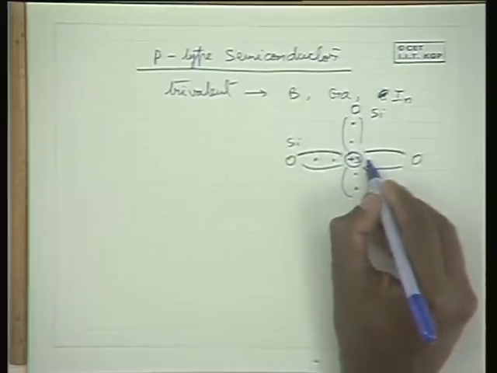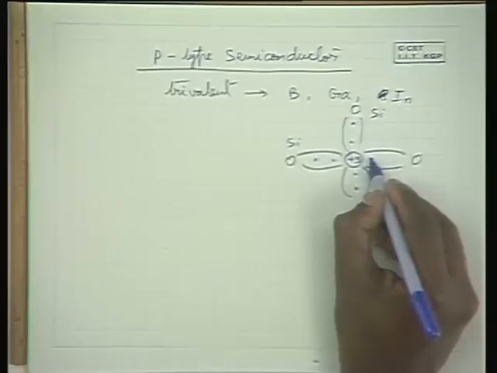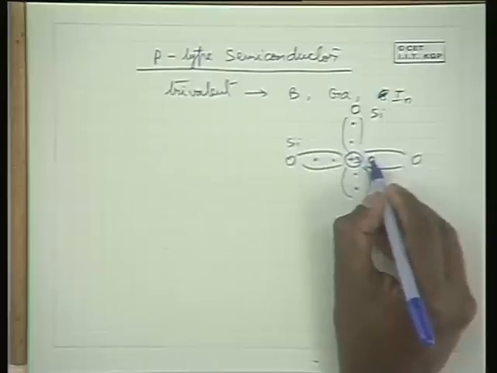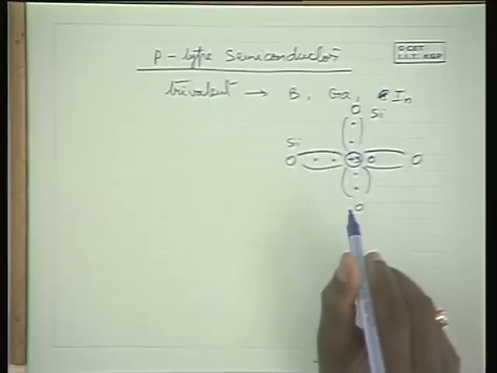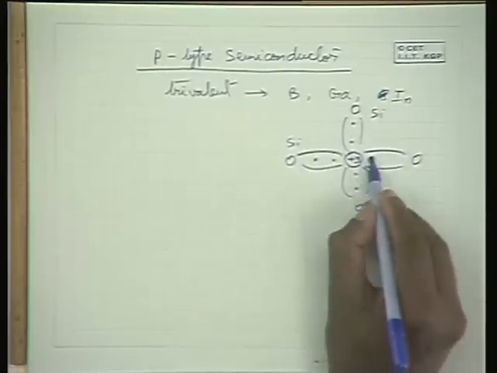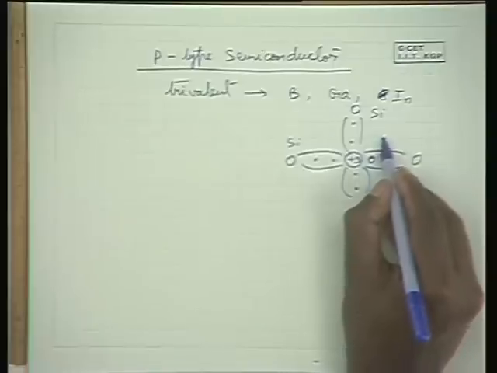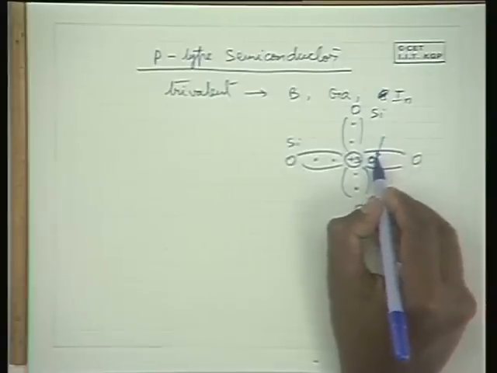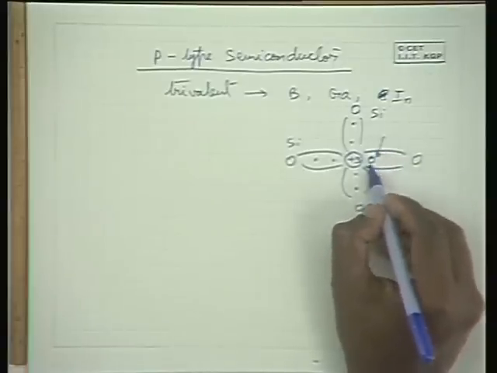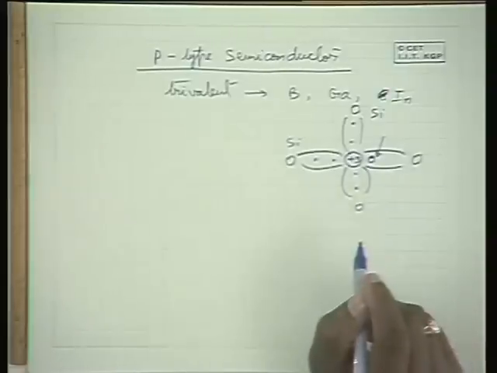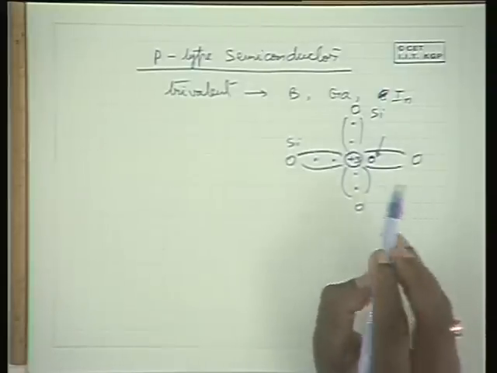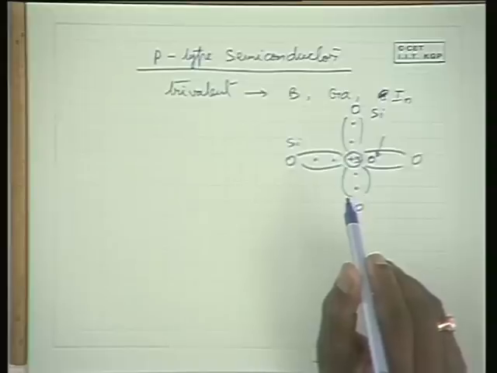And since it has only 3 electrons in the outermost orbit, it cannot complete a covalent bond with one of the adjacent atoms. As a result, you have space for an external electron to come and sit here and complete the covalent bond.